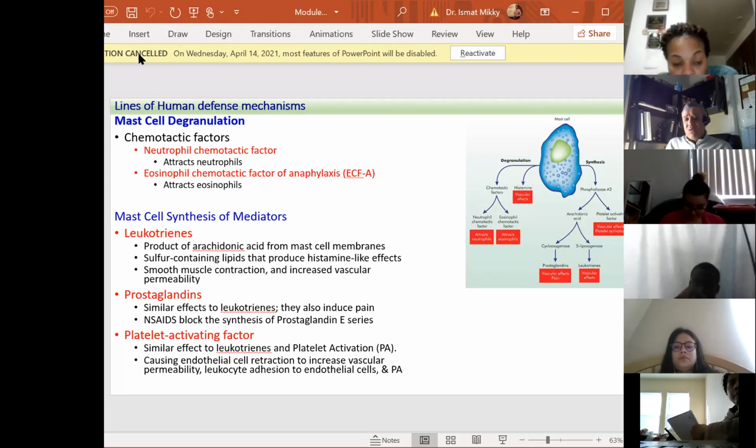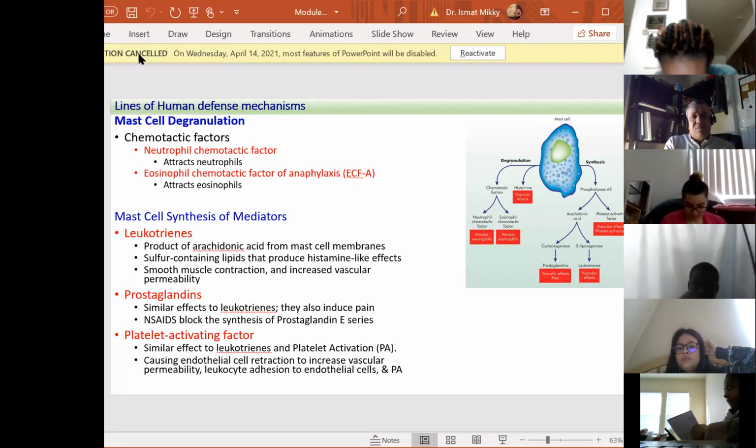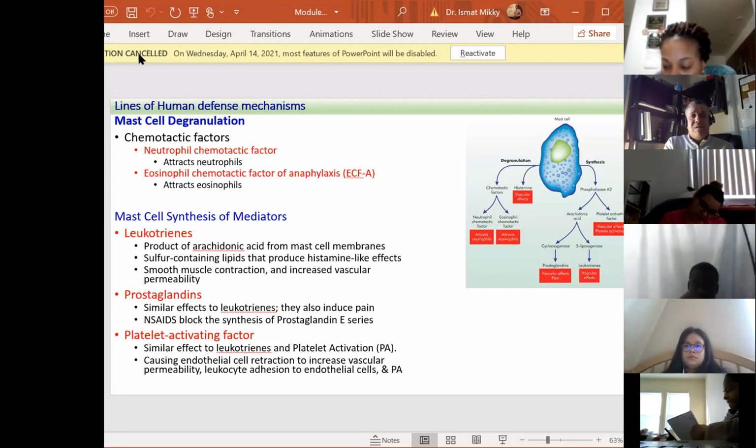See this leukotriene? This is one of the chemical mediators that will be synthesized from the mast cell. So that drug is called a leukotriene modifier. It works as an antagonist to the leukotriene in order to stop the inflammatory response and the effects of the inflammation.